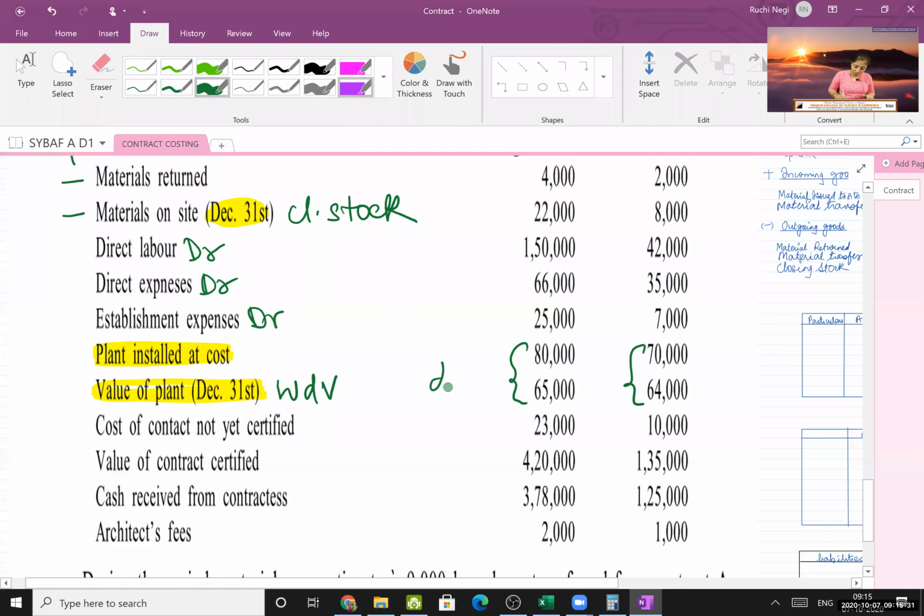Depreciation. Yes, very good, Swapni. You already answered. The difference is depreciation. So great. We don't have to calculate depreciation here. It's already calculated, right? The difference is depreciation.